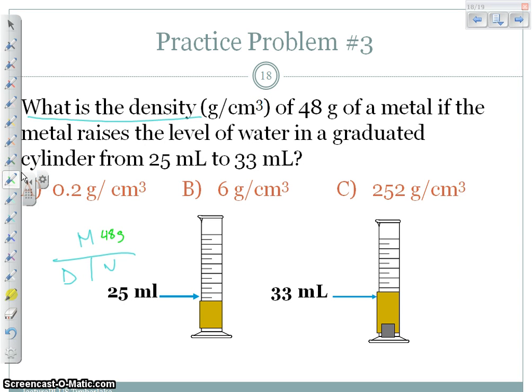And the displacement here was from 25 to 33, which means that my volume is going to be 8 milliliters. 48 divided by 8 should give us a nice little 6 grams per centimeter cubed. Again, the units transfer over, so this could equally say 6 grams per milliliter. Same thing. They mean the exact same concept.